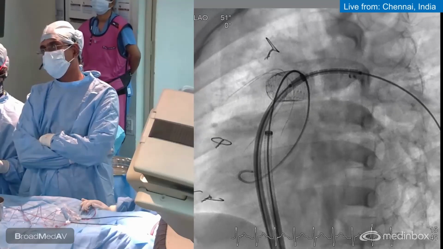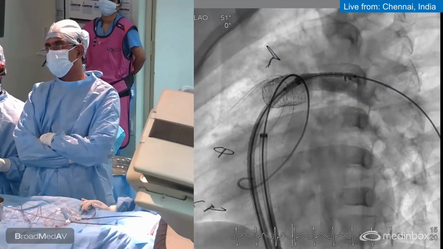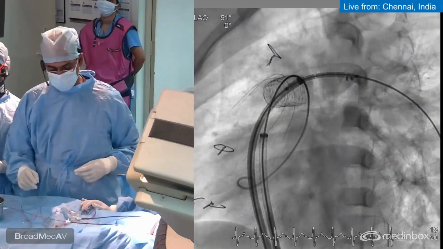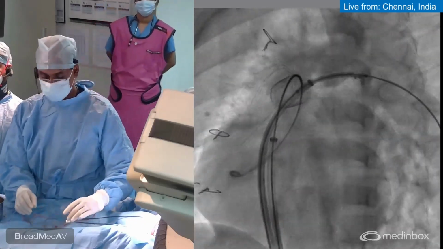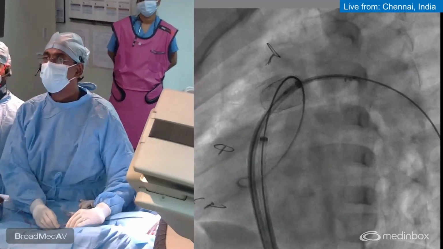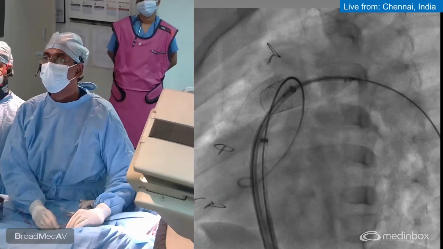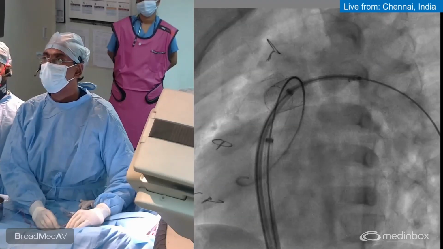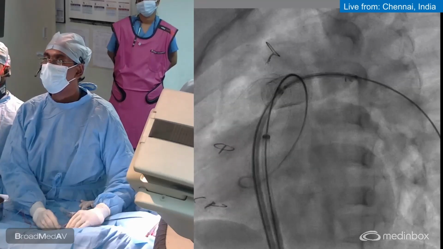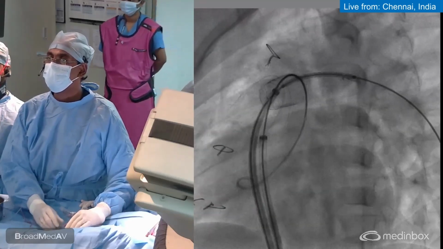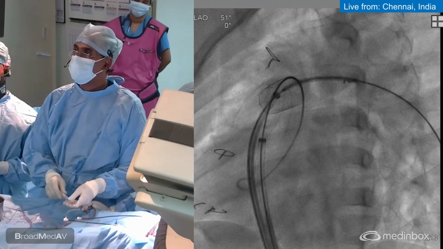Distally, we are fine. We have a good, higher pressure already. Even at this point, we have a higher pressure. Yeah. So proximally, I will expose the last strut. I have now exposed the last strut.